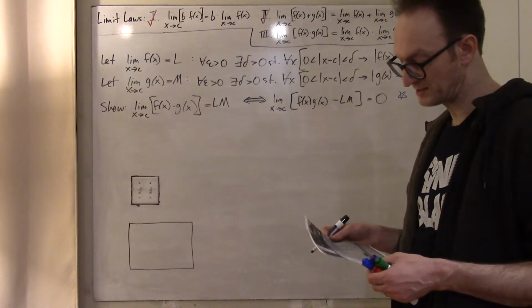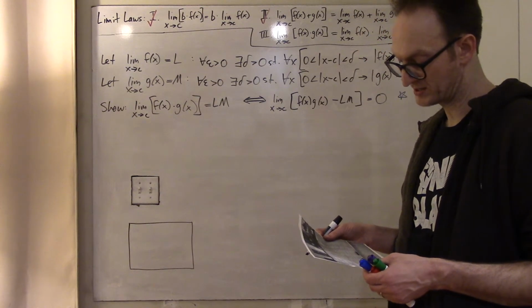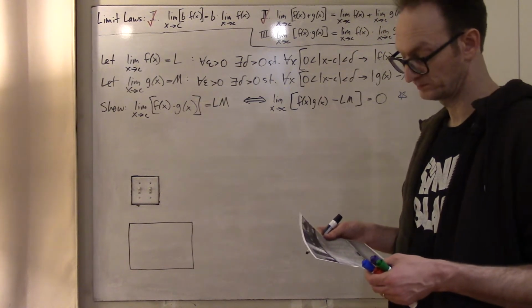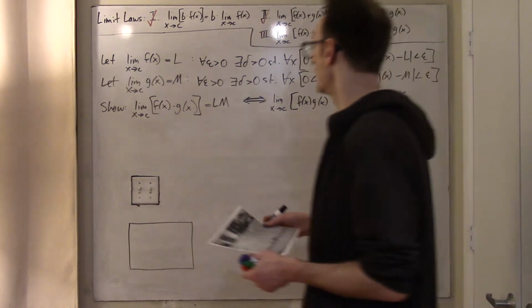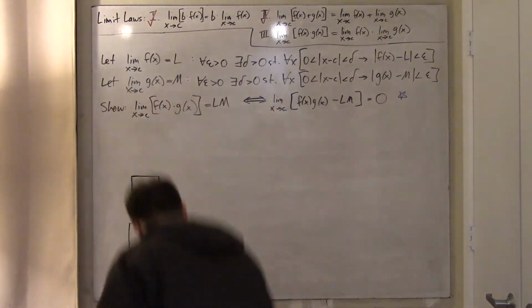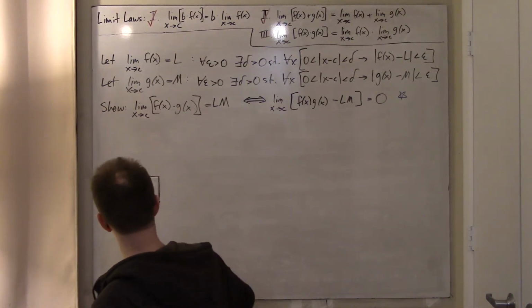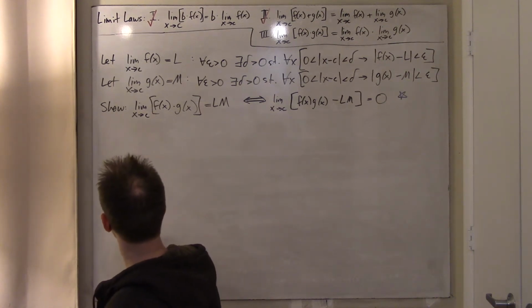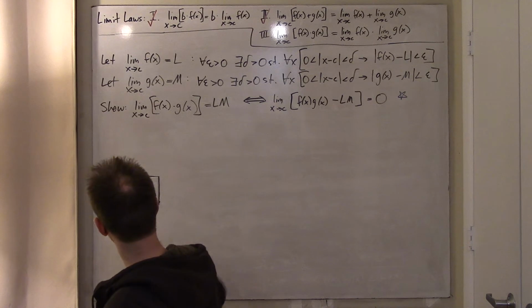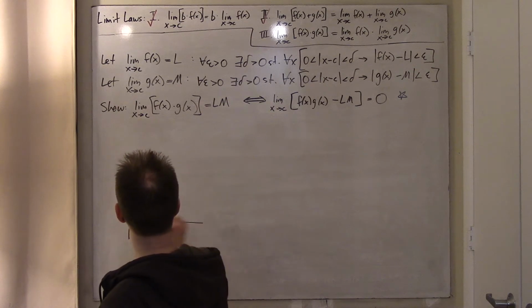So let's do it. What is this? f minus L. Oh, interesting. Okay, so this rectangle is kind of weird actually. Let me redraw it because it's not on my paper. So I have some f.